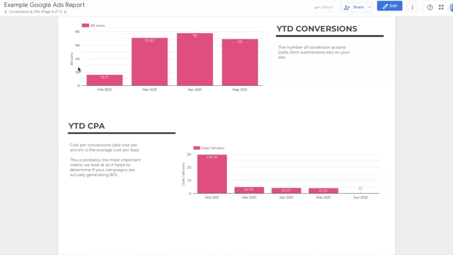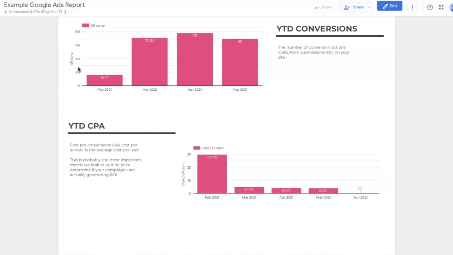And then your cost per conversion, cost per acquisition, cost per action, very similar terminology for what is ultimately cost per conversion, CPA, is the amount of spend divided by the number of conversions per, in this case, per month.